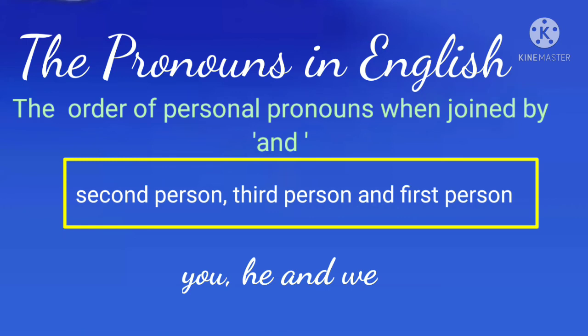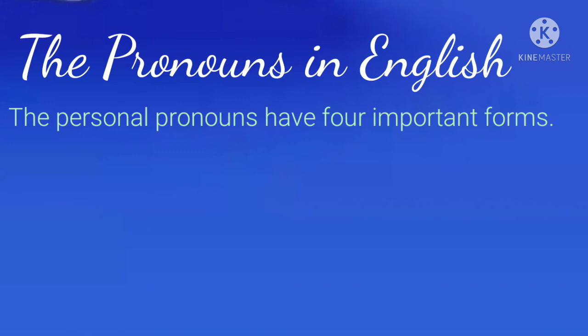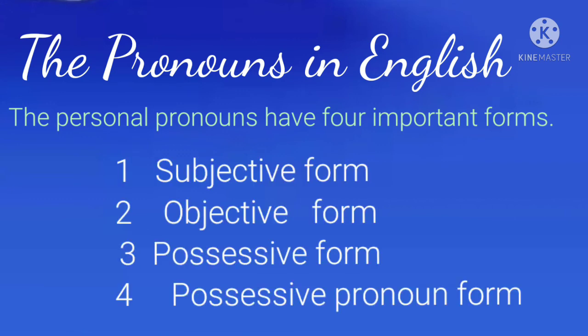Now, you have to remember one more important thing about the personal pronouns. That is, these personal pronouns have four important forms. One is the subjective form, second one objective form, third one possessive form, fourth one possessive pronoun form.